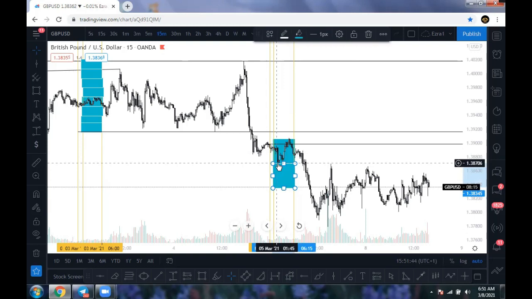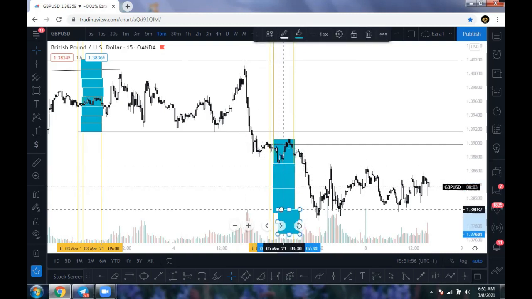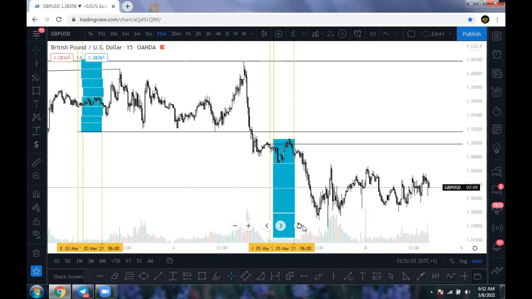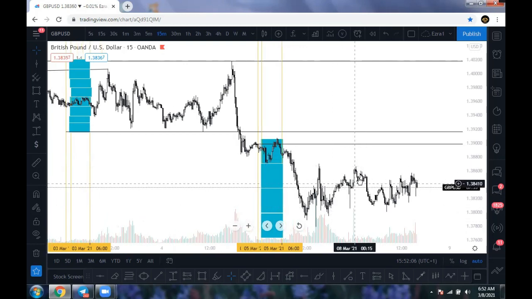1, 2. The market has given us up to standard deviation 3, not up to 3, but at least 2.5, before this little buy move that is happening now.